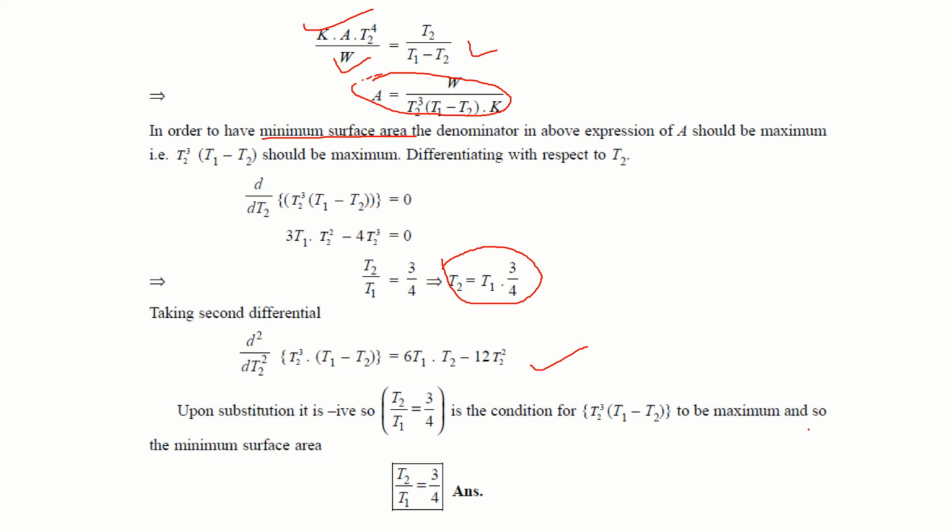Upon substituting, it is negative, that is T2 by T1 is equal to 3 by 4 is the condition for T2 to the power of 3 times T1 minus T2 to be maximum. So that the minimum surface area is this one. What I am trying to say is that if the variation of Q2 with respect to temperature T2 is going like this, or I'm sorry, it is like this, this is the minimum.